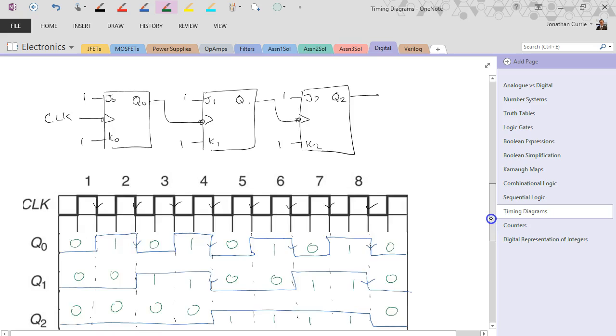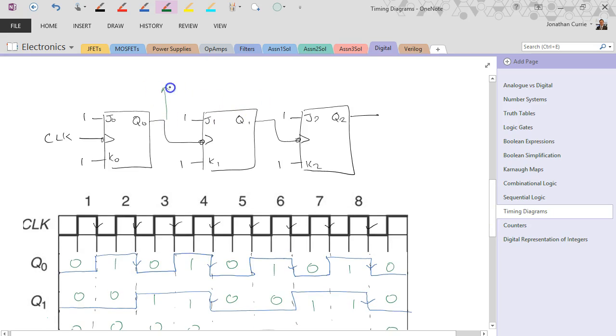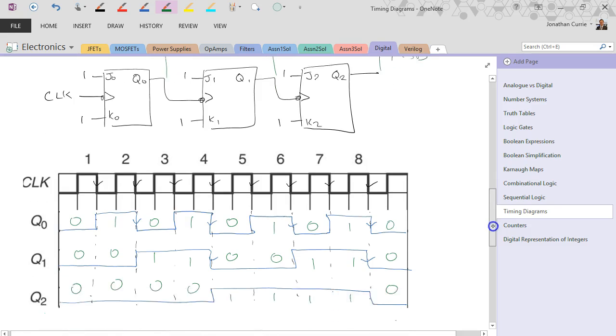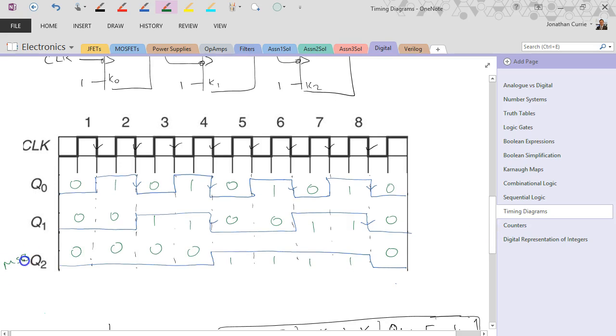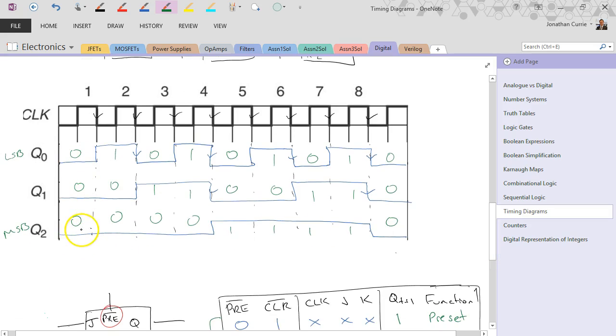If you take Q0, Q1 and Q2, noting that Q2 is our most significant bit versus Q0, which is our least significant bit, and I write down the numbers underneath, reading this in binary, we'd get 0, 1, 2, 3, 4, 5, 6, 7, and then back to 0.